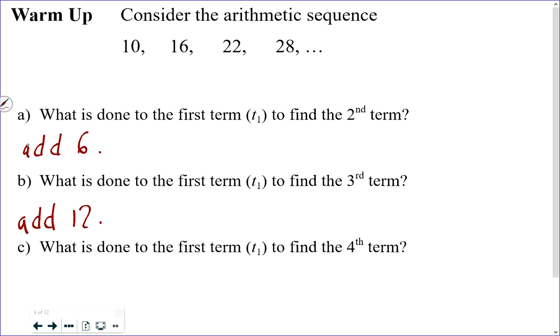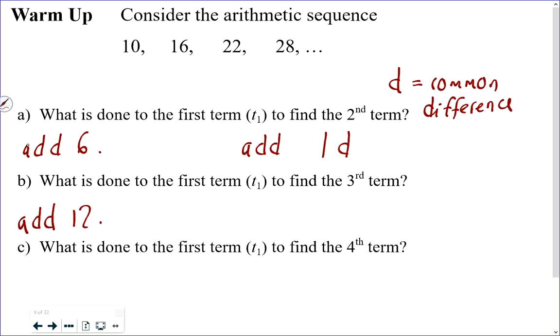So the better answer here, the one that's a general answer, is you add 1 common difference. D is the common difference, right? Which is 6. What is done to the first term to get the third term?